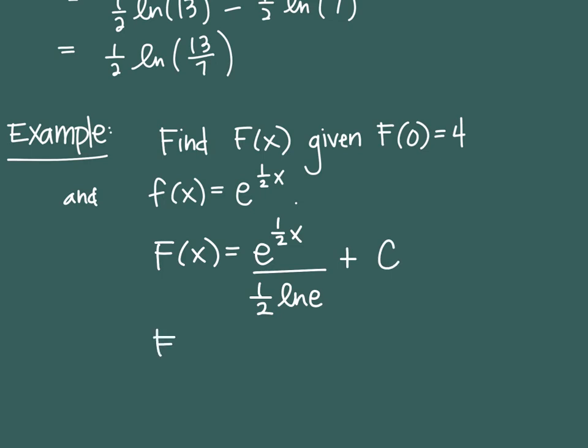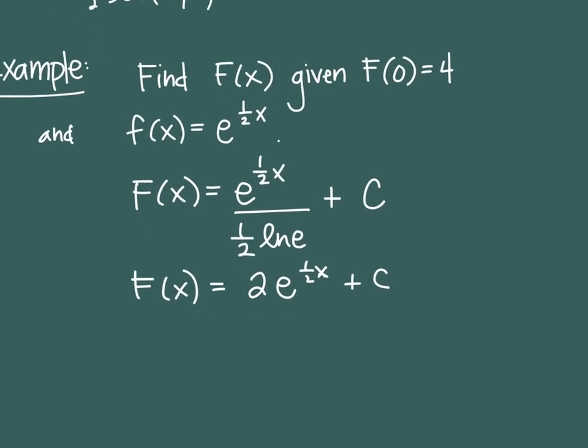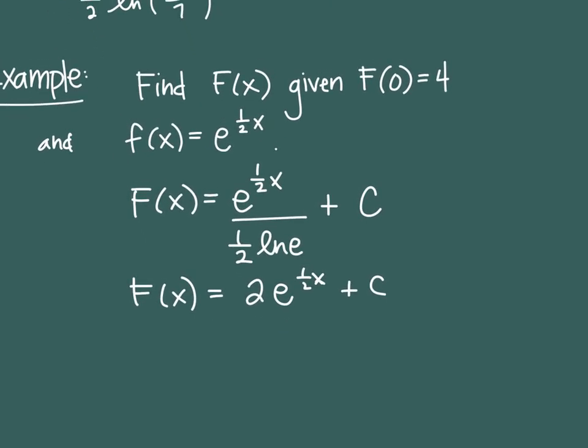So when I clean that up, I'm going to have 2 e to the half x plus c. Now I know that F of 0 equals 4. That means if I plug 0 in for x, I should have 4 as my y value. So 4 equals 2 e to the half times 0 plus c.